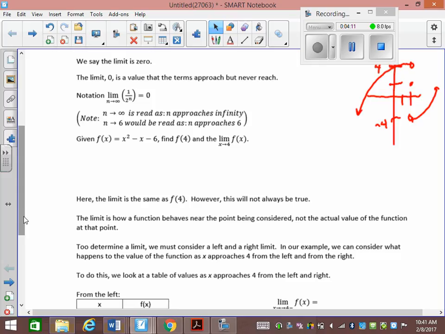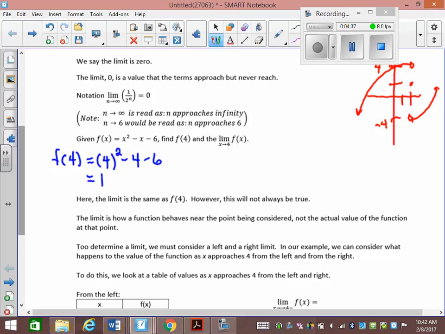Okay? So given f of x equals x squared minus x minus 6, find f of 4. Your heart should be singing right now. You can all do this. f of 4. We did this in grade 10. So we fill it in. We go f of 4 equals 4 squared minus 4 minus 6.